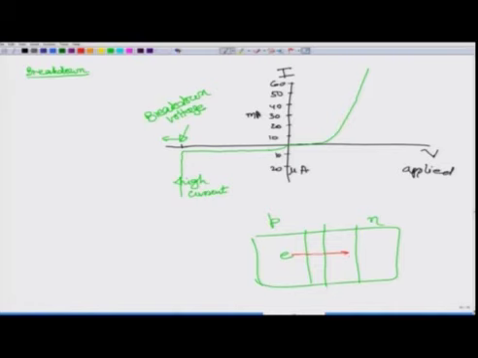When it passes through this depletion region, and remember only in this depletion region you have this electric field, the force acts opposite to the electric field, and therefore this electron is accelerated.